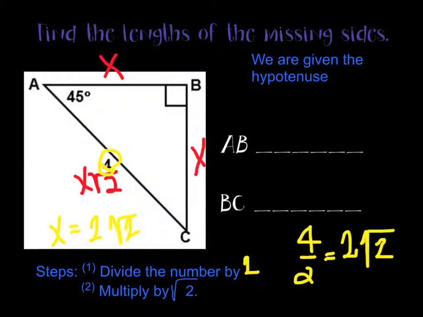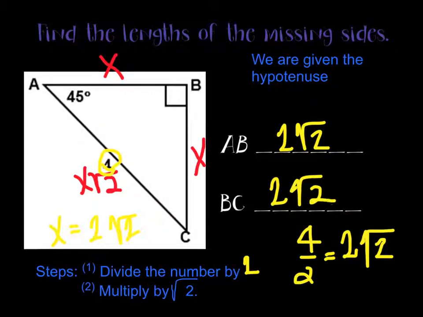So AB equals 2 square root of 2, because that's this line right here, and BC is also equal to 2 square root of 2. And you're finished. Remember from yesterday that this is a completely acceptable answer. It is the most correct answer that we can give without having to round.